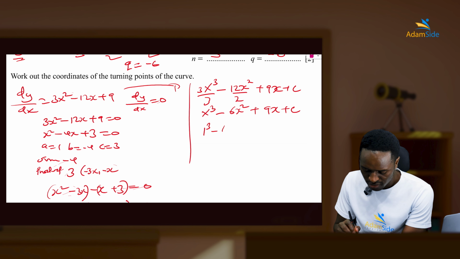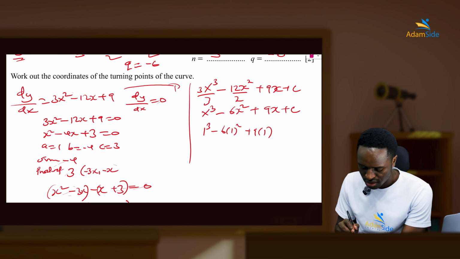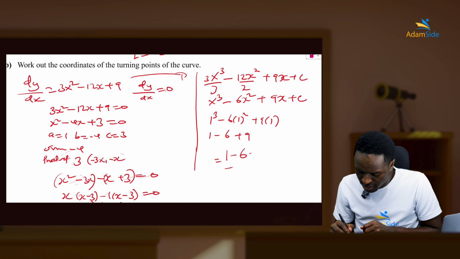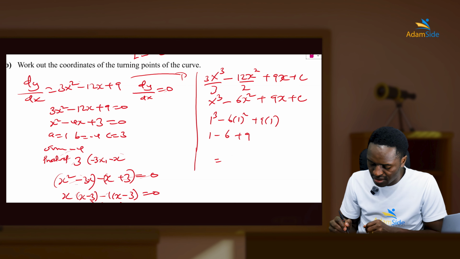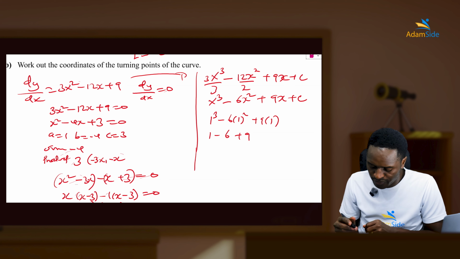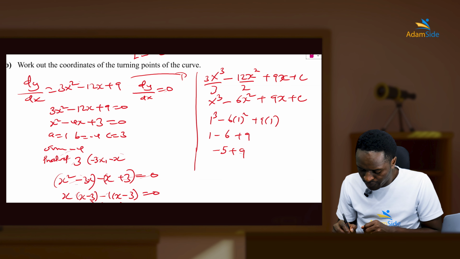If you put there 1 cubed minus 6 into 1 squared plus 9 into 1, what will we get? You say 1 minus 6 plus 9. 1 minus 6 is minus 5, plus 9.